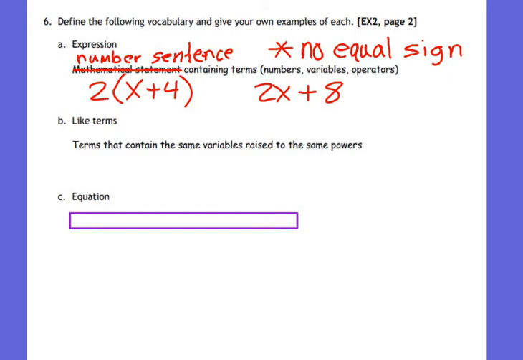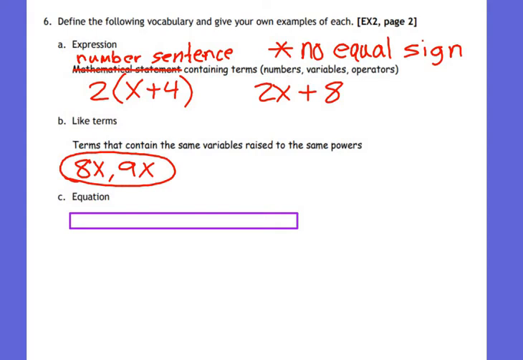So anyone have an example of two things that would be alike? 8x plus 9x. 8x and 9x, are those two alike? Yes, so those are like terms.